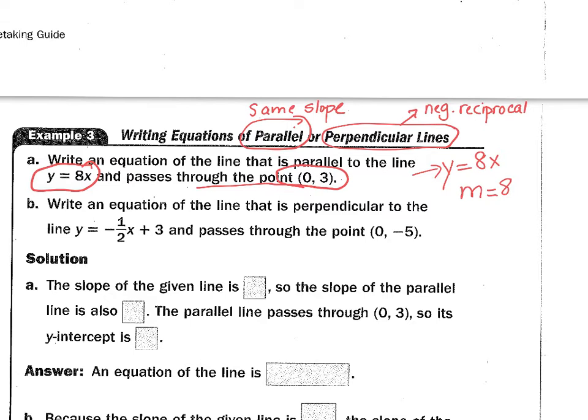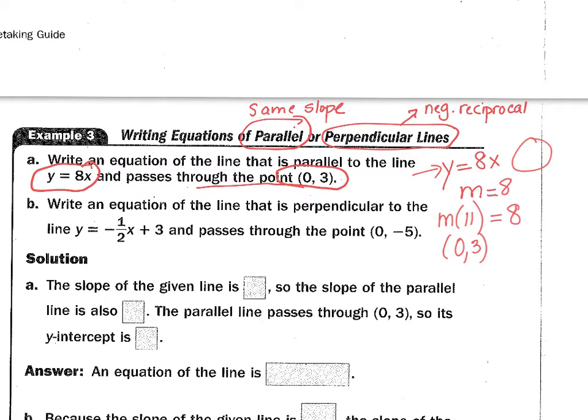Allie? 3. No? Christian? The origin? It's the origin, right? Because there's nothing back here, right? So, we want to know, what is the slope of the line that's parallel to that? Sam? 8. And it goes through this point, 0, 3.